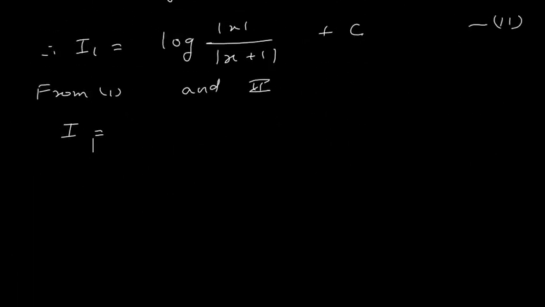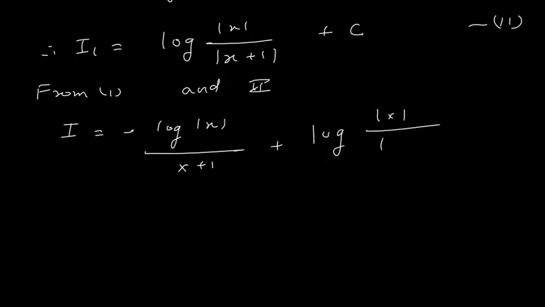Okay, so this is minus log of x whole divided by x plus 1, and here I got log of x divided by mod of x plus 1 plus constant c. So this is how we got the value of integration I.